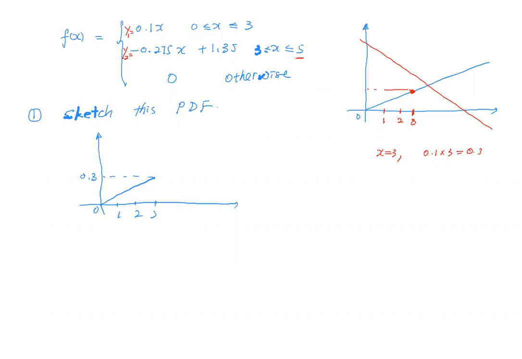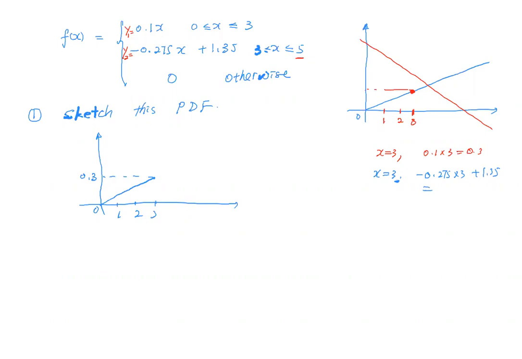Then from 3 to 5, when x equals 3, negative 0.275 times 3 plus 1.35. What do I get? I also get 0.3, correct?